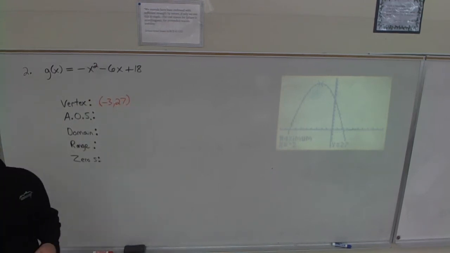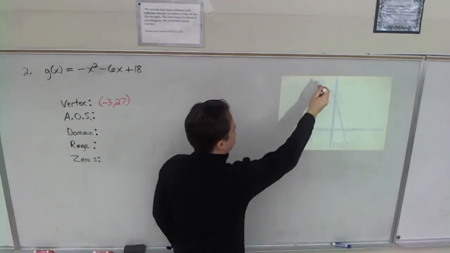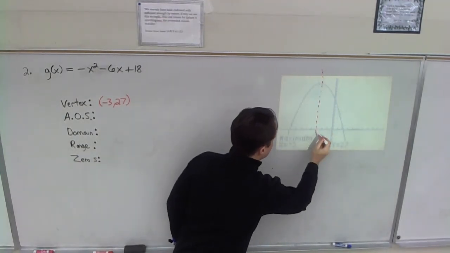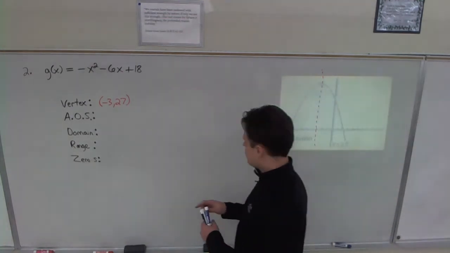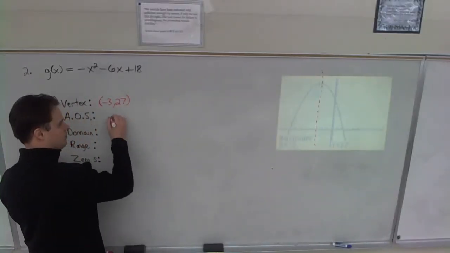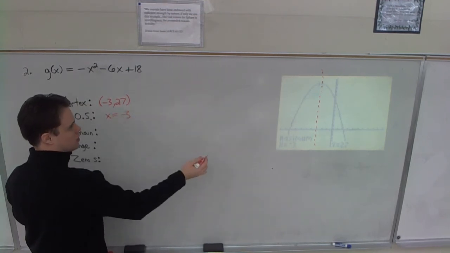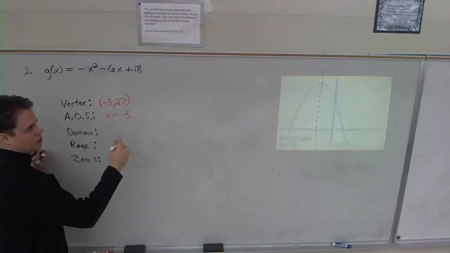Okay, my axis of symmetry is of course right there. Okay, so we have our axis of symmetry. It's that vertical line. It's going to be x equals -3, always along that line. That's the line that's symmetric about.